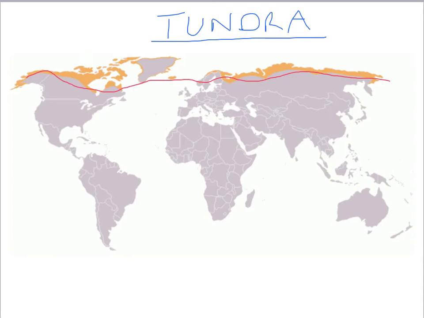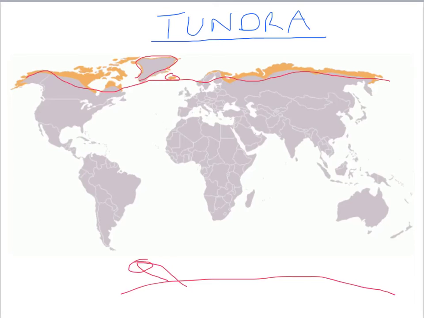We can see that it is found in the very far northern areas of Russia, of Scandinavia, of Canada, of Alaska, and around the fringes of Greenland that are ice-free, and also on Iceland. It's also found, on this map here, Antarctica should be down here, on the Antarctic Peninsula, a tundra-like biome.